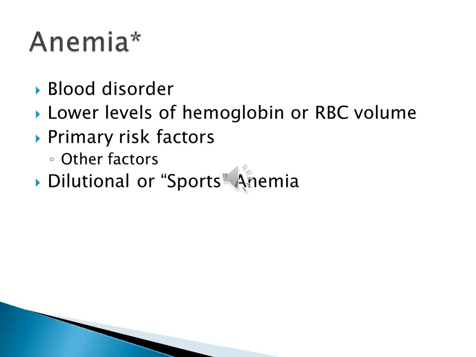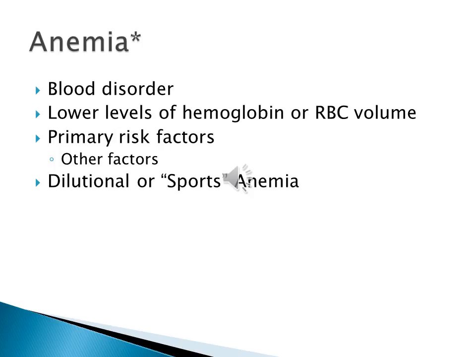There is something called dilutional or sports anemia. It's very common among highly fit individuals. Through exercise and being active, the blood plasma, or the liquid portion of blood, gets increased, but it doesn't affect red blood cell production. So the red blood cell count looks low in relation to the blood volume.